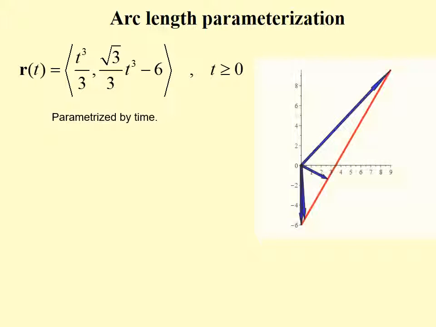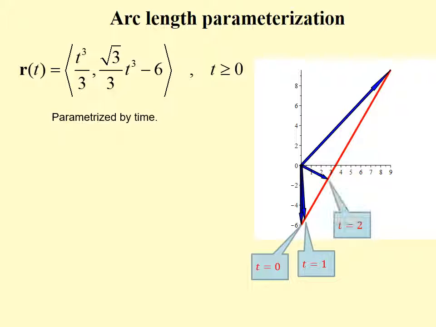However, here is a graph of this function, and I put vectors on there for t equals 0, 1, 2, and 3. And you can see the displacement, the position change from t equals 0 to t equals 1 is not the same as the position change from 1 to 2 or 2 to 3.